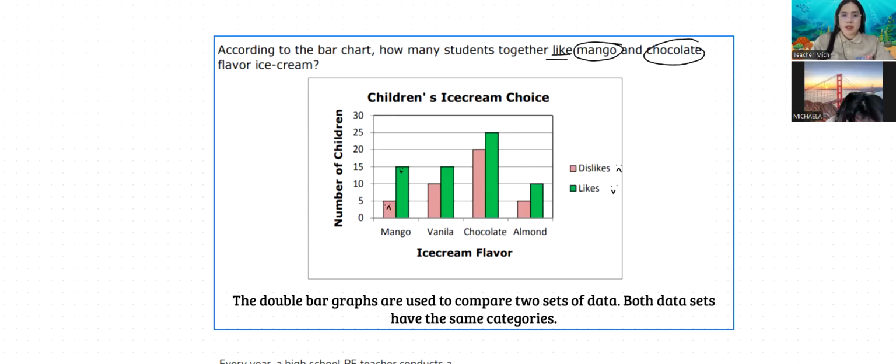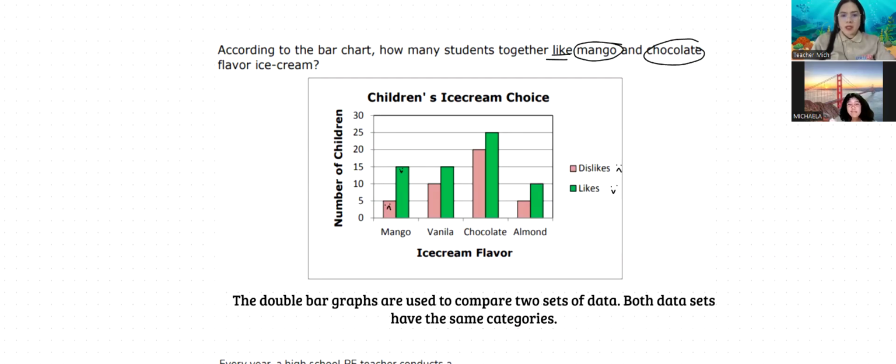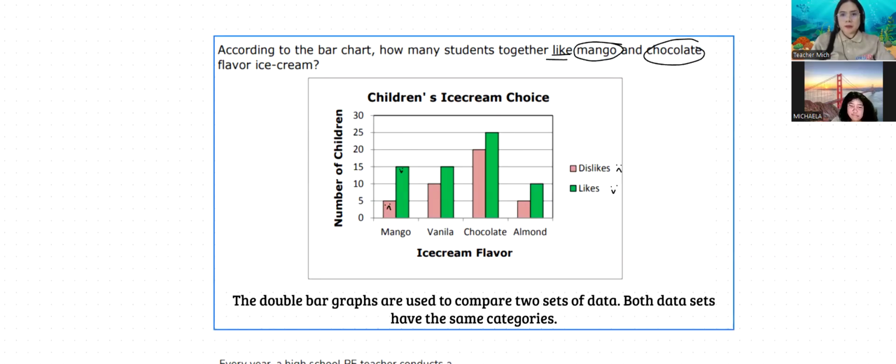How many students like the mango flavor? 15. Okay. And how many students like the chocolate flavor? 25. What is the operation that we need to use for us to know how many students like the mango and then the chocolate flavor?